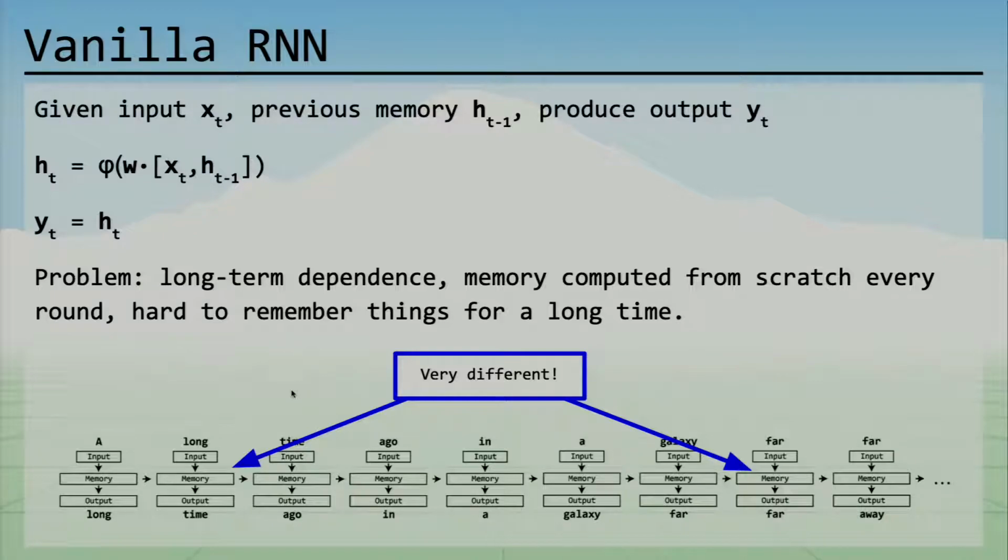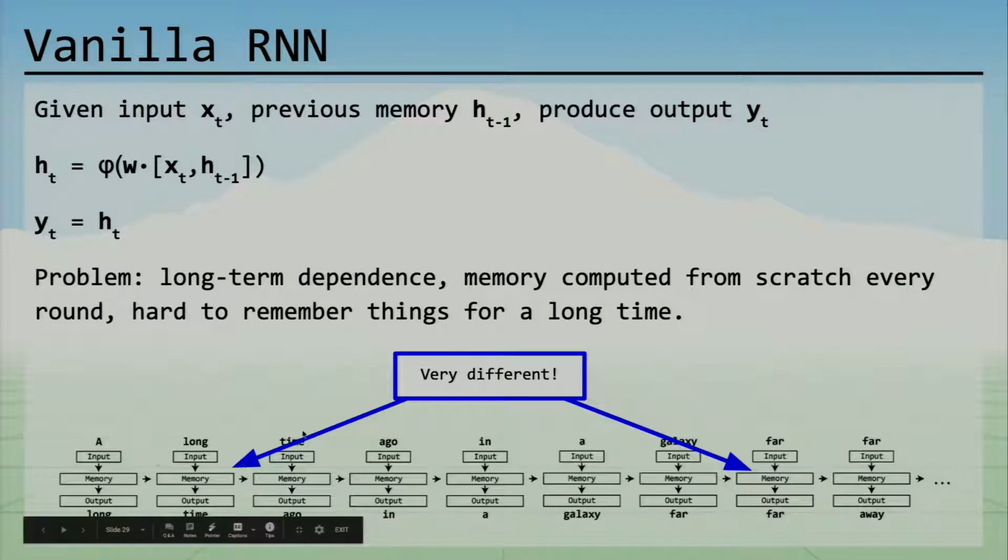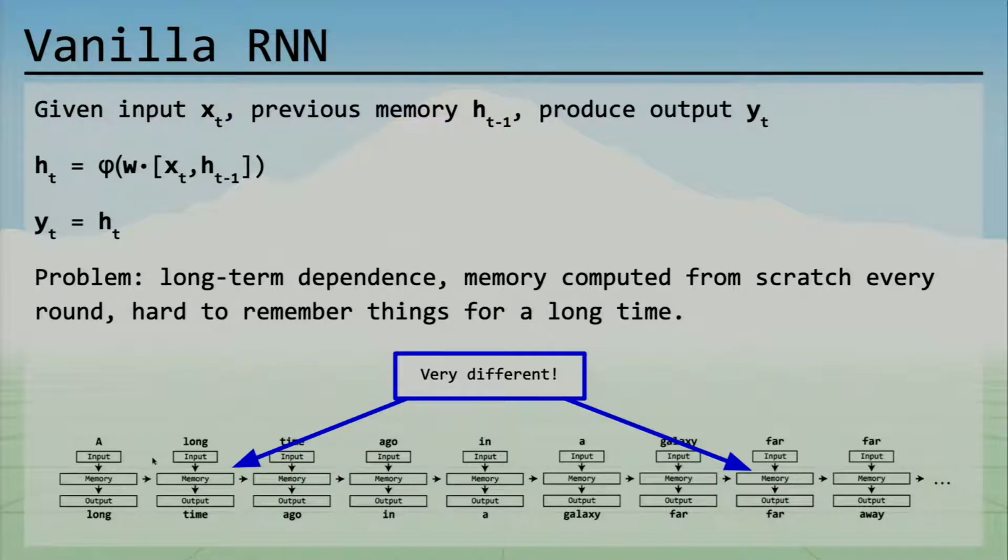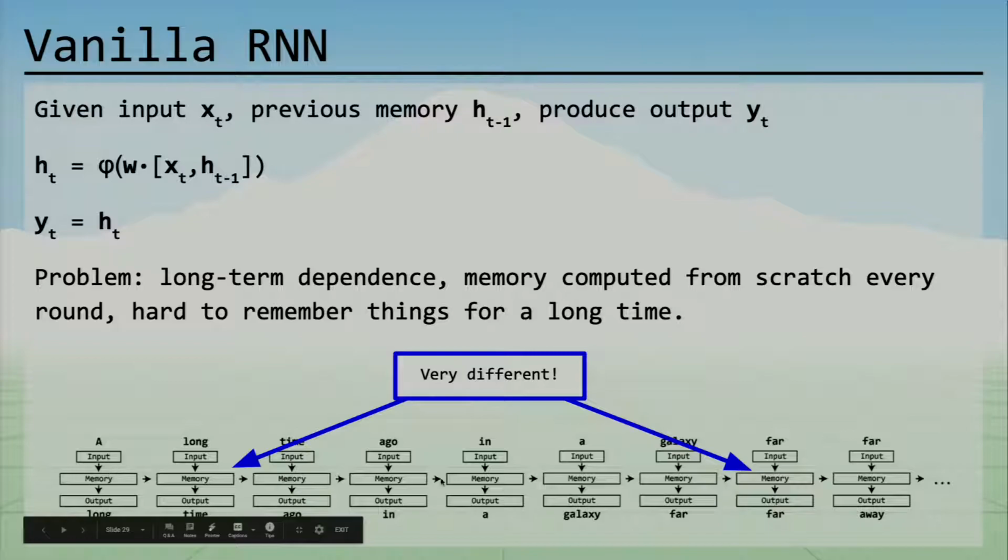And if you have some dependency where characters or words that happened a long time ago in your sentence affect how your processing should currently be unfolding, it can be hard to model that, because your internal state is getting rewritten completely from scratch every time.